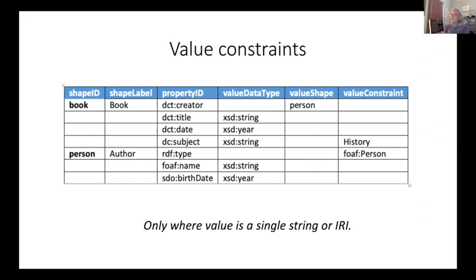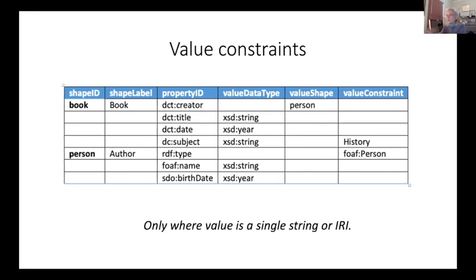This value constraint column has turned out to be very useful, if you're thinking in terms of RDF, for assigning the class for an RDF type. Right now, what we have so far, and I'll get to that in a moment, is that the value constraint can be a single string or an IRI.